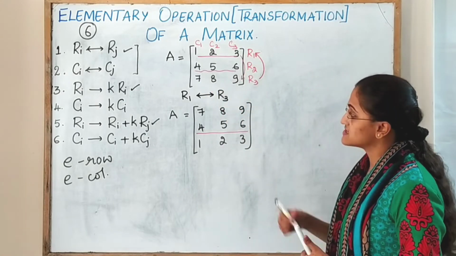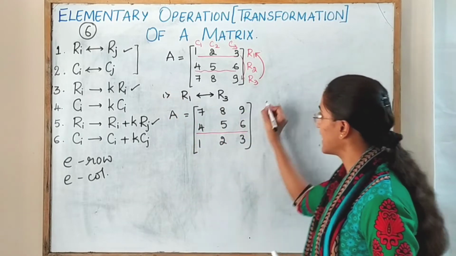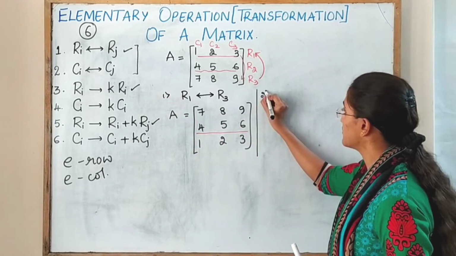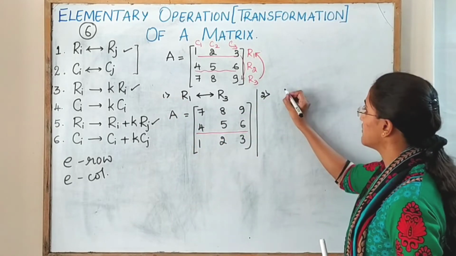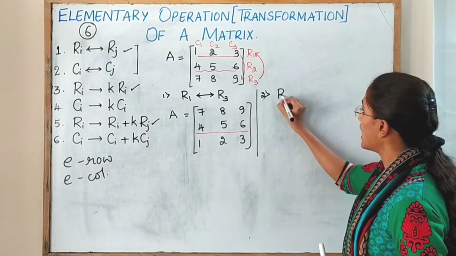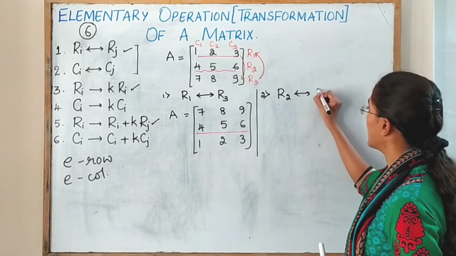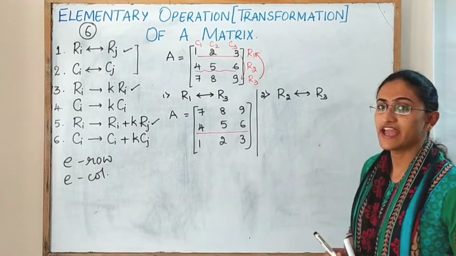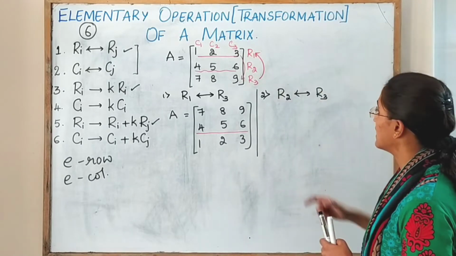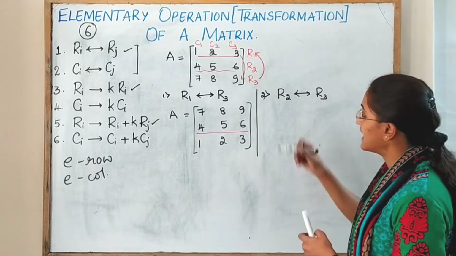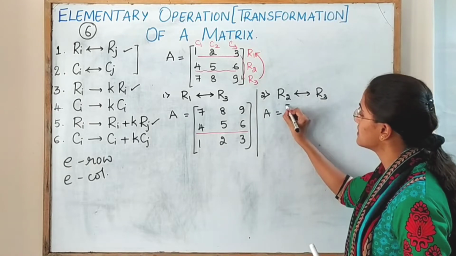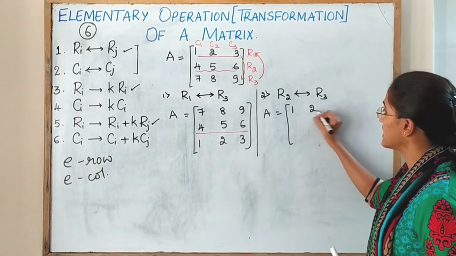You can also notice that we haven't changed the second row, it remains as it is, right? Now, this is my first preference. In case I prefer another operation, like if I have to change R2 and R3, then our matrix will have the first row remain as it is.